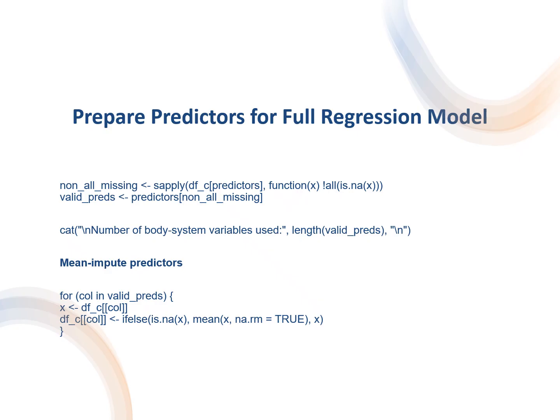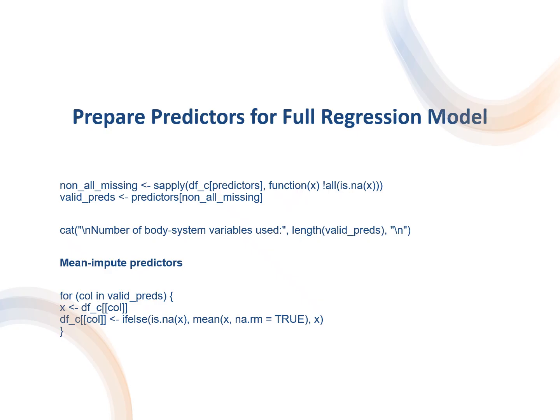Later, preparing predictors for the full model. Before building the final model, I ensure that all predictors are usable. First, I checked whether any predictor is entirely missing, since such variables cannot contribute to the model, so they are removed.